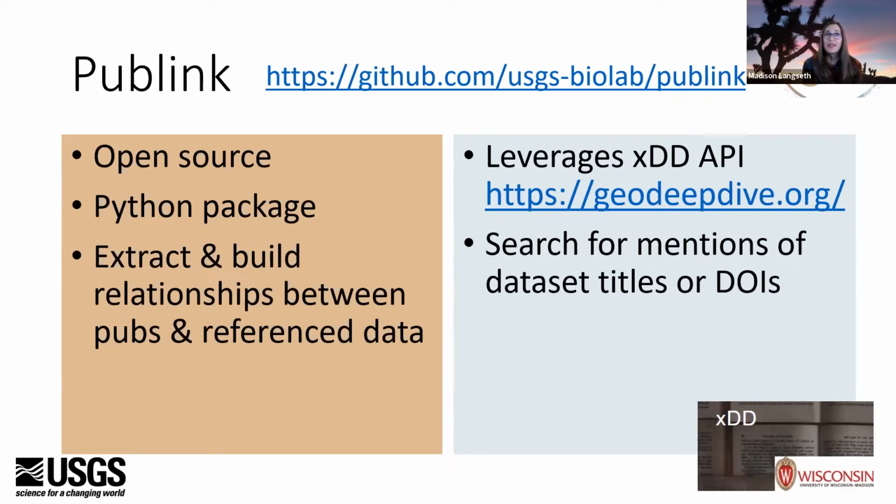So PubLink is an open source Python package that provides methods to extract and build relationships between publications and the data sets they reference. Methods are included to support pipelines for tracking existing and new relationships through time. The package leverages the Extract Dark Data, or XDD digital library and machine reading system, which was formerly known as GeoDeepDive.